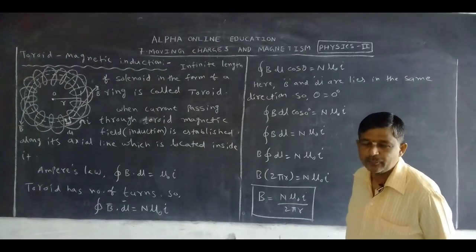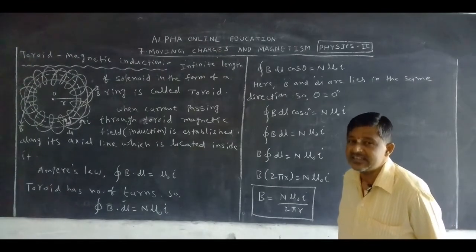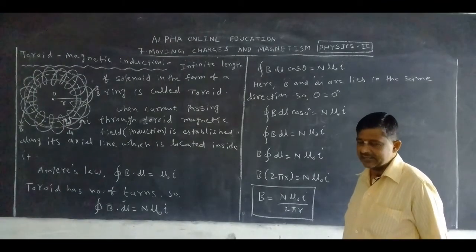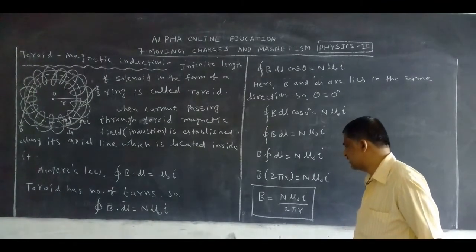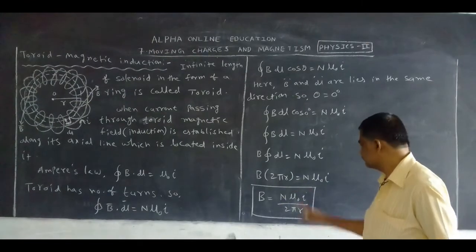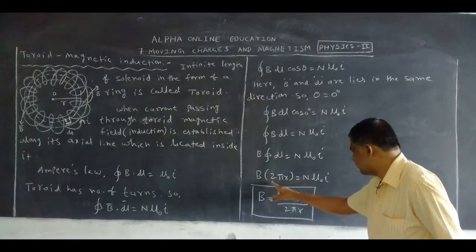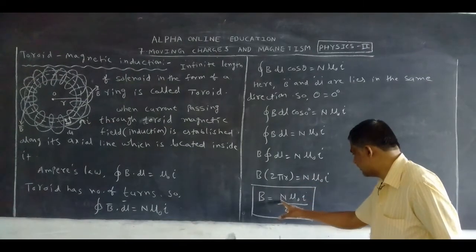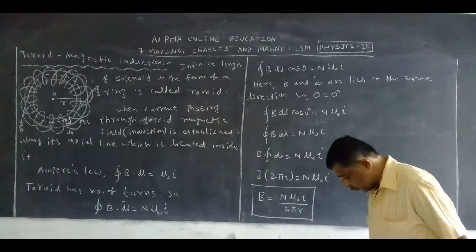If we integrate, what we get is the circumference of the circle, which is 2 pi r. So integral dl is equal to 2 pi r, and B times 2 pi r is equal to n mu 0 I. Then B is equal to n mu 0 I by 2 pi r.